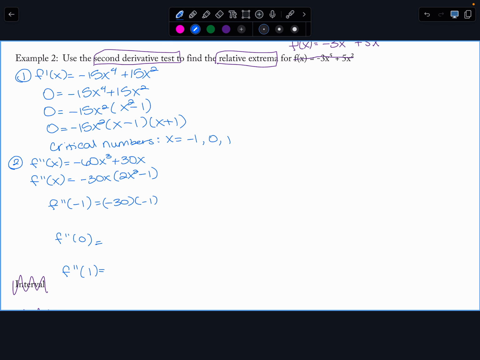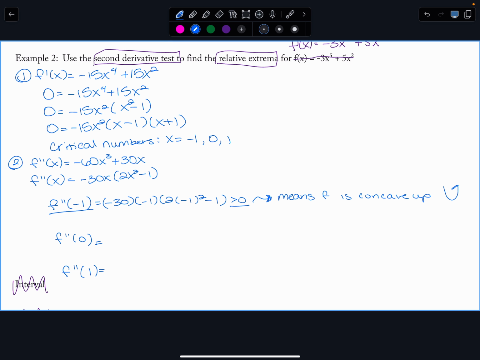-30 times -1, 2 times -1 squared minus 1, I'm going to get something that's bigger than 0. Okay, so the second derivative being bigger than 0 means f of x is concave up.